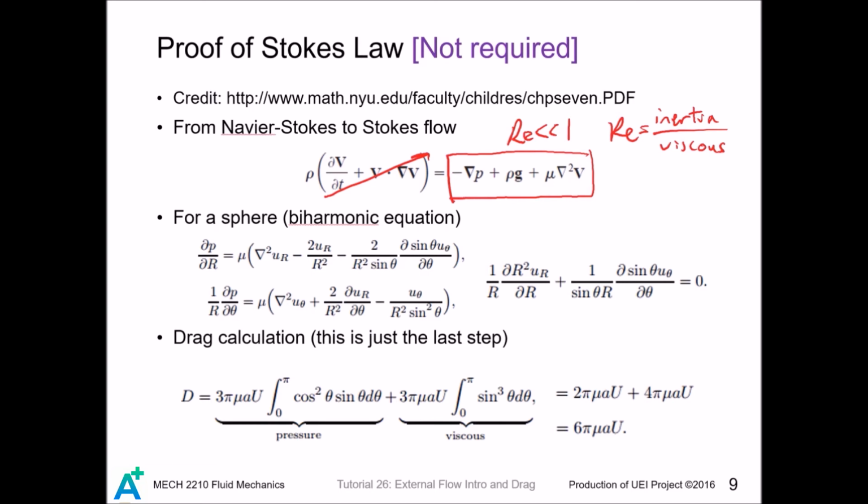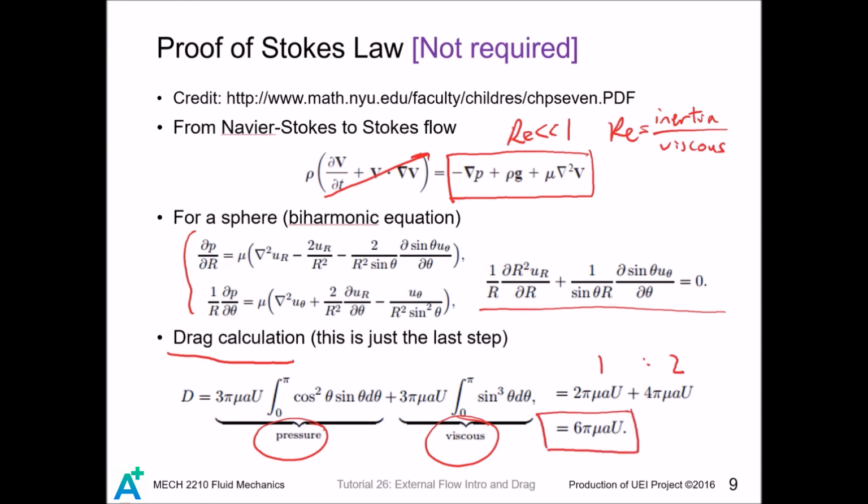And in spherical coordinates, we can write this equation as these two guys, and the continuity equation is given by this. So that after solving for the velocity, we can compute the drag. And it is really true that pressure to viscous effect is 1 to 2. And the drag force is exactly the same as the one given by the Stokes law.